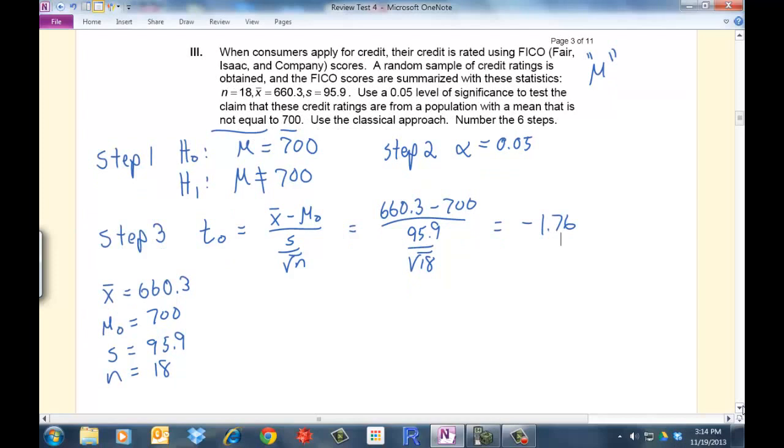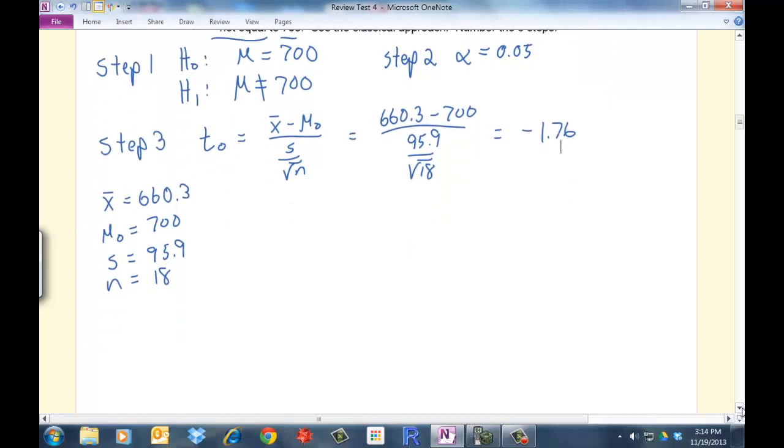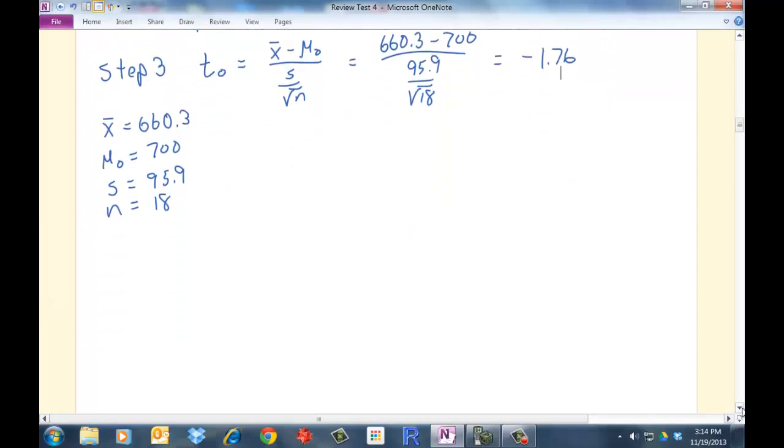Step 4. We have to choose either the p-value or classical, and in this case, step 4, we will use the classical. This is a two-tailed test, so we've got two values here.